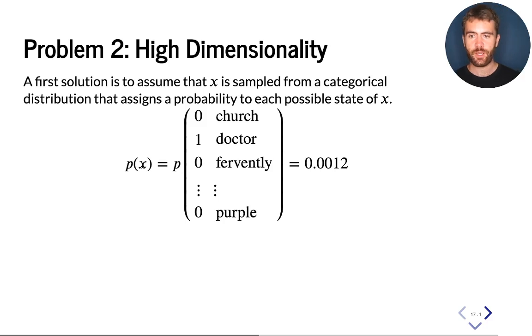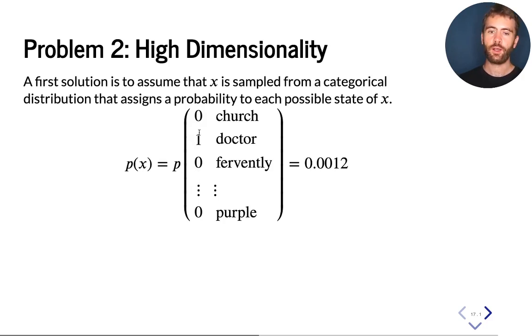It has a bag of words representation, which means it's this binary vector. And we have to specify a probability for each possible input. So with a categorical distribution, we have to specify a probability for each possible assignment of 0s and 1s to all the components of this vector.